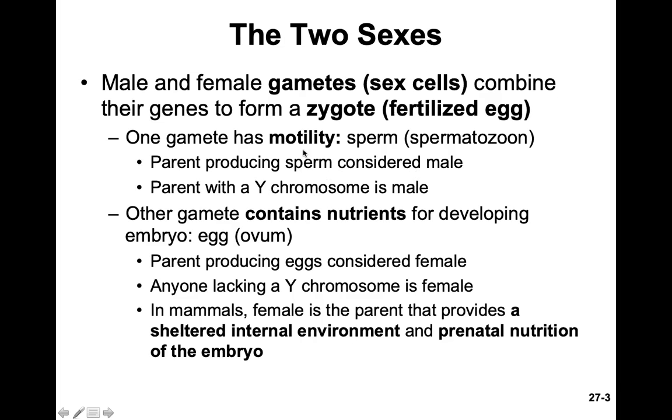The other parent has an egg, right? And so the egg contains nutrients so that when the egg is fertilized, there's something for that zygote to consume as it's growing, and before it starts to get more nutrients from the genetically female parent.